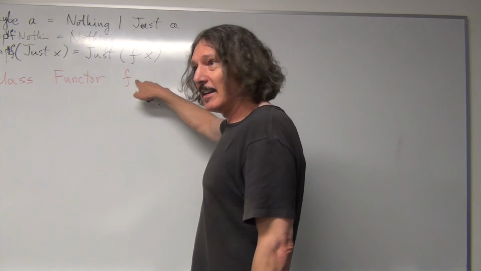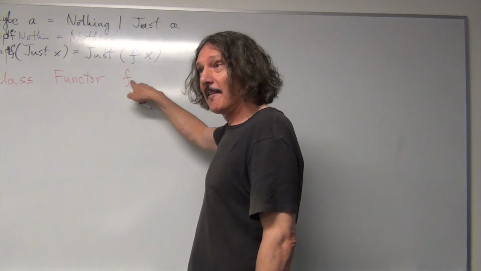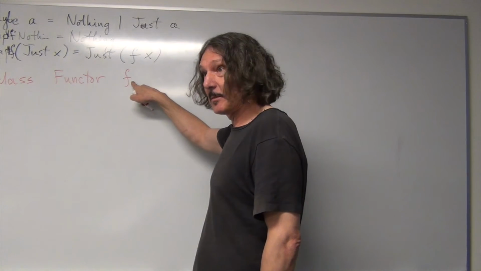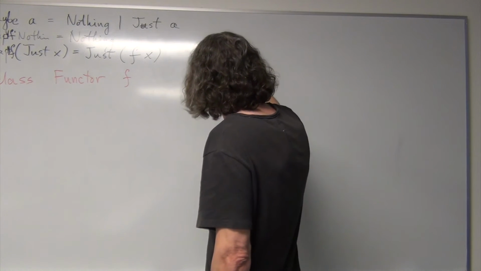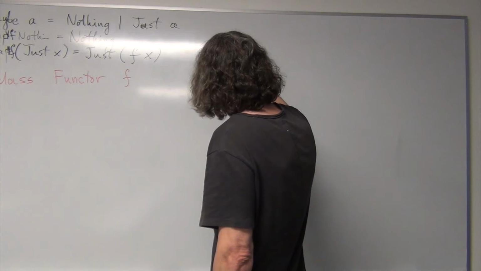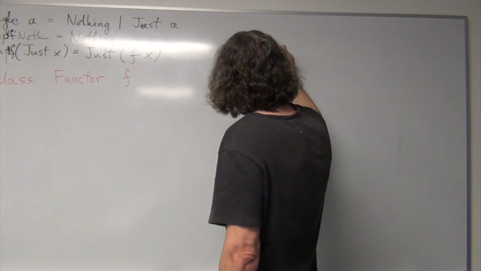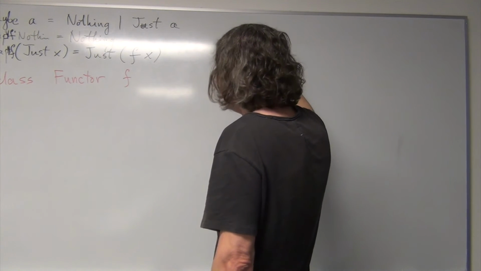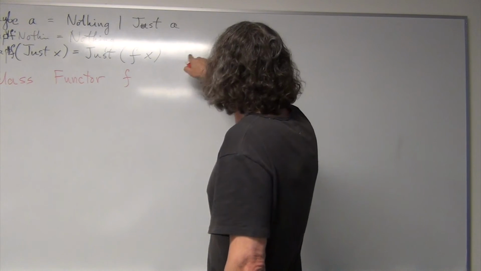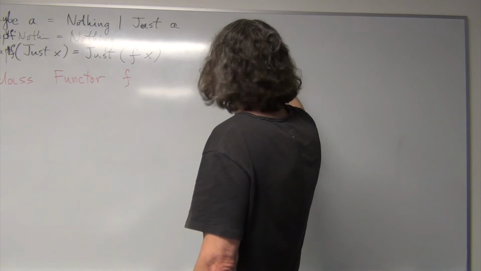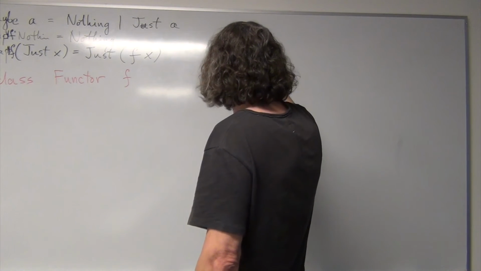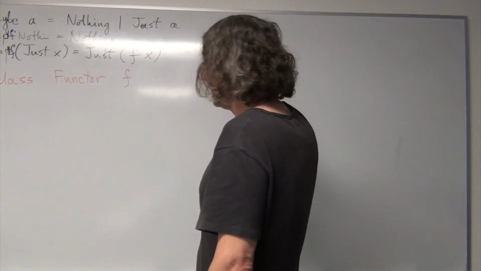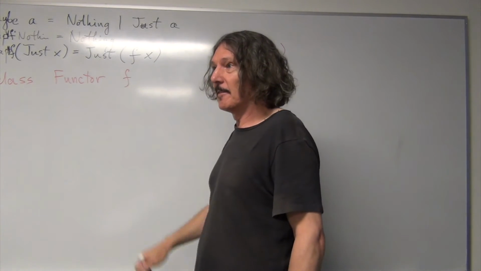Now, I should mention that this f is a type constructor here. It's not a type, it's a type constructor. So its kind, if I can use kinds, is star arrow star. So it's something that takes a type and produces a type. Like maybe takes an A and produces maybe of A. So this is the kind of this f.